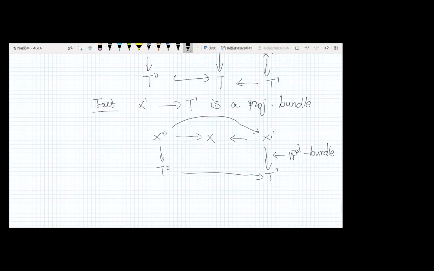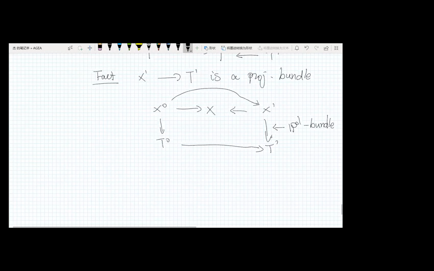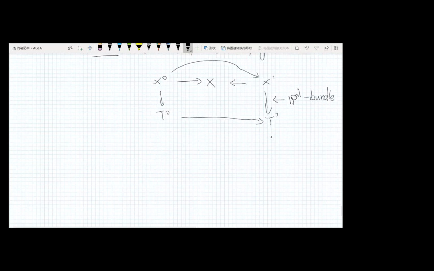Okay, if there's no question, let me continue. Right now, in the fourth step, we try to understand what happens for this. You take F here, you consider F star of F over X prime, this sheaf over X prime.